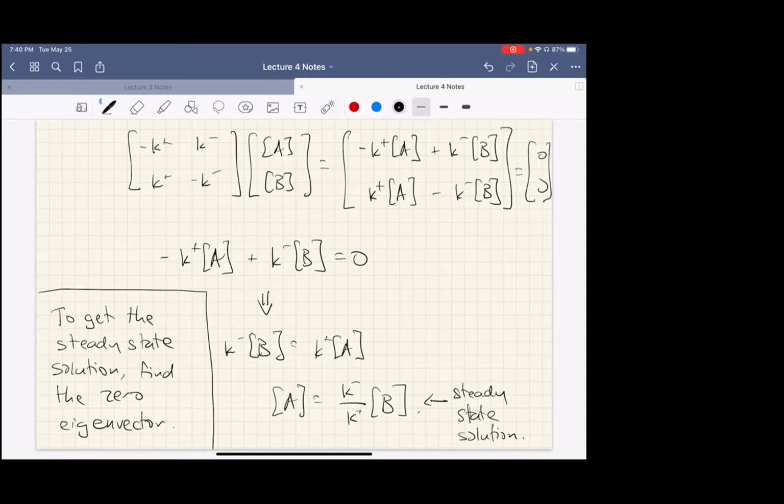You can crank up your favorite solver and type the eigenvalue find command and just figure out which one is the 0 eigenvalue, and then away you go. But that's how you do it. And this is going to come up again when we talk about signal transduction. We're going to be looking at these systems in discrete time as Markov chains, and the solution that we've just done here will come up again.